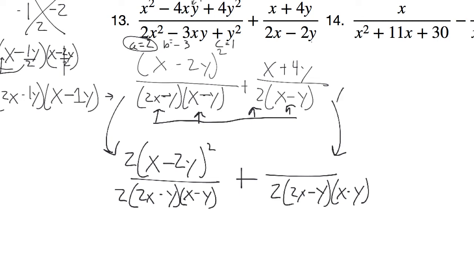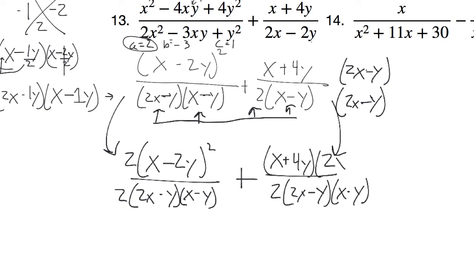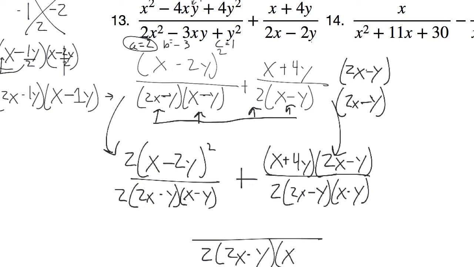The second fraction needs an additional 2x minus y in the denominator, so I will also apply that to the numerator, 2x minus y. So now we have x plus 4y times 2x minus y. And now that we have common denominators, we can add the two fractions. 2 times 2x minus y, x minus y.